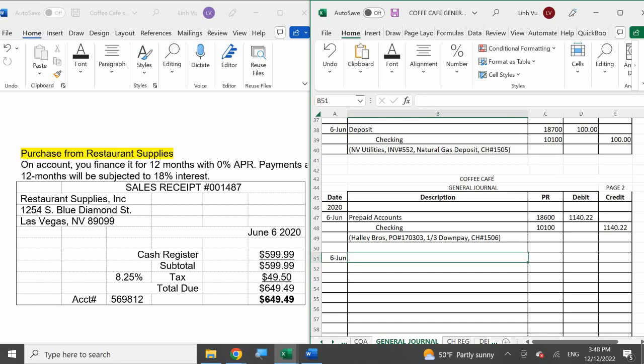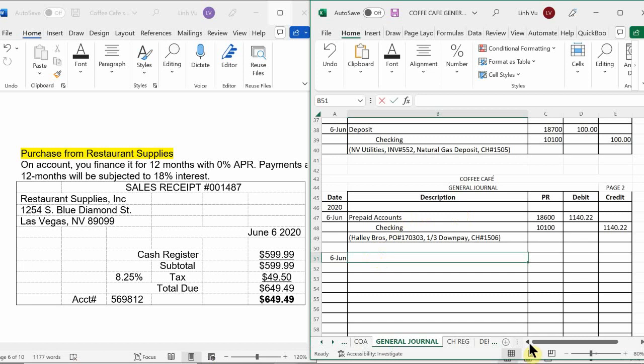So we purchase our fixed asset, the cash register, $14.50, and a notes payable, which is a liability because now we owe Restaurant Supplies money.